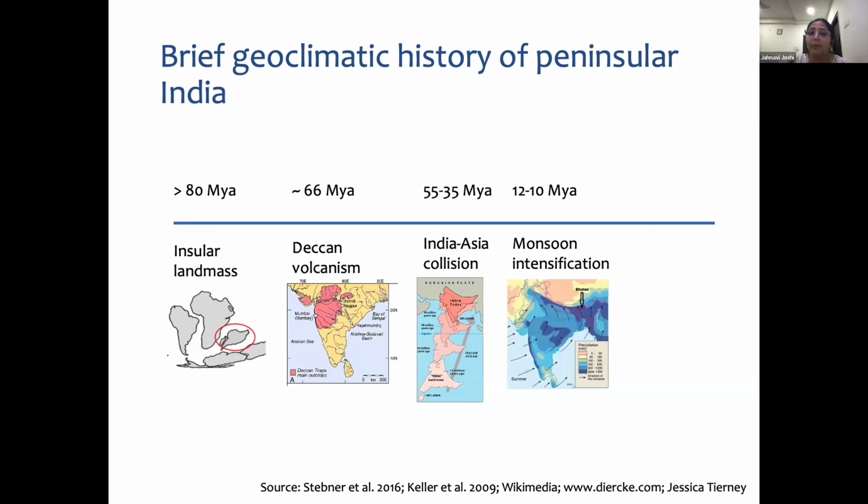We also had periods of intense aridification and monsoon intensification, and as recently as glacial maxima. And it's believed that this geoclimatic past has influenced the species diversity which we see today.